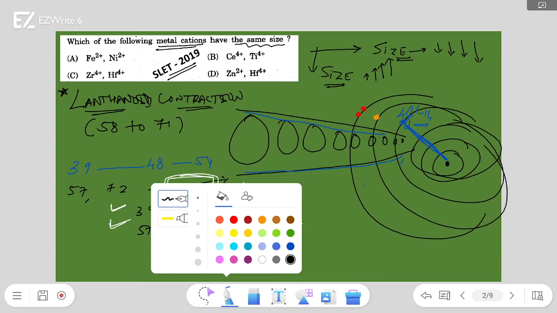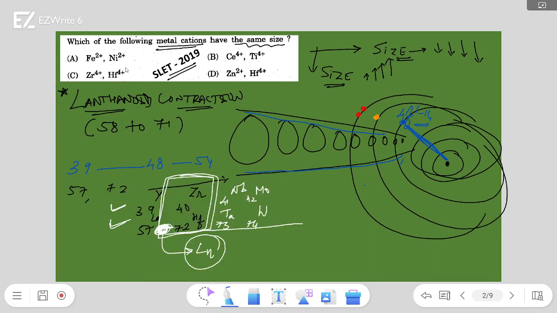And because of this, the exact option which we could opt is zirconium and hafnium. Always remember, zirconium and hafnium, although in separate periods, will always be of a similar ionic size because of this wonderful concept of lanthanoid contraction.